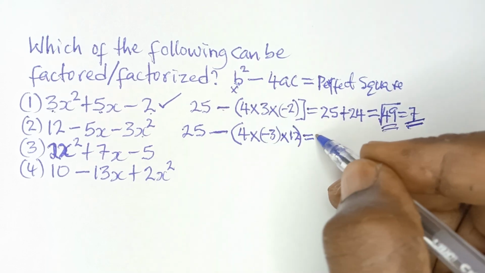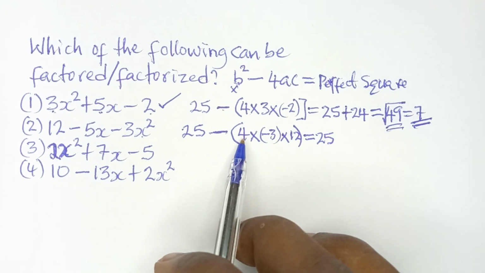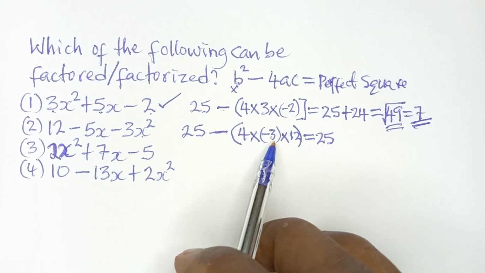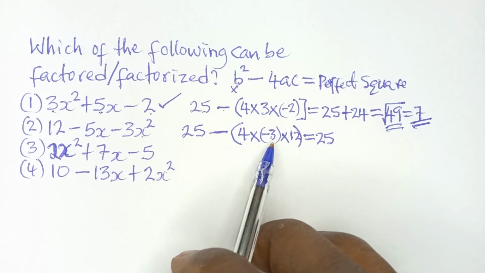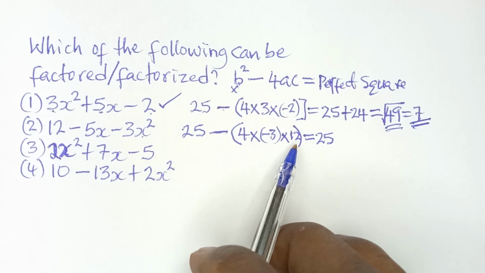I have my 25 here. And then 4 multiplied by -3 will give me -12. -12 multiplied by 12 will give me -144.